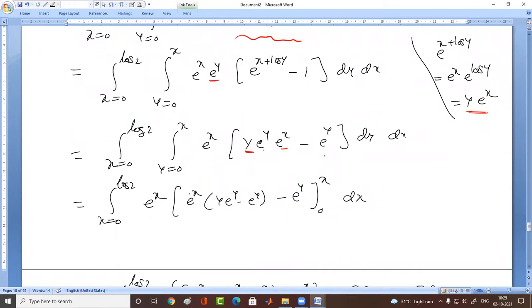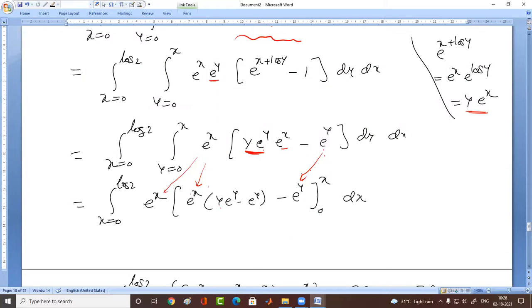After simplifying, this one is e power x, here e power x. These two terms: y e power y. Okay. And the second term is e power y.